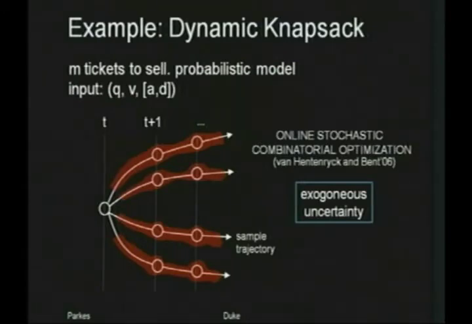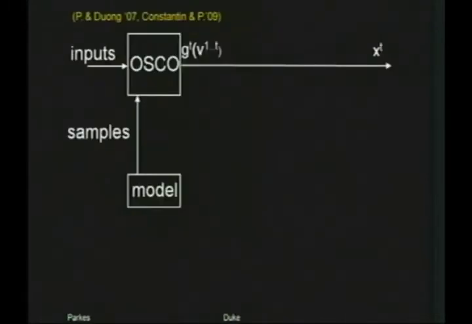So this is the kind of algorithm that I think would be nice to use for this problem. And the way you might use it is have your generative model of the world, have your OSCO algorithm up here. It's saying whether or not you should sell to Vince. And the algorithm has a very useful special property, that of it being monotonic, which is analogous to the property I mentioned at the start.